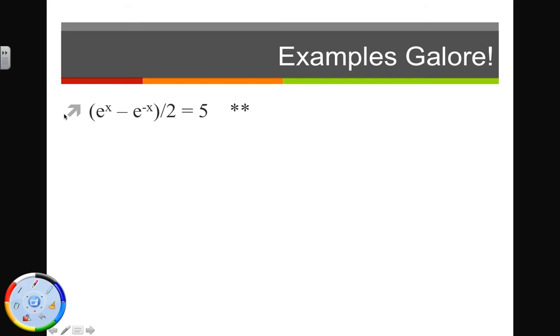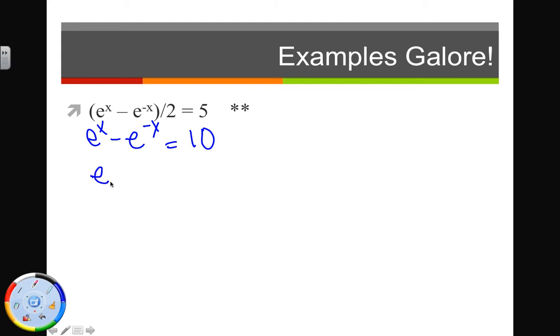All right, so e to the x minus e to the negative x over 2 equals 5. Well, I want to get the e's by themselves, so I'm going to multiply both sides by 2. And I get 10. Now, some of you guys are probably going, I don't know what the heck to do here. But here's what we're going to do.